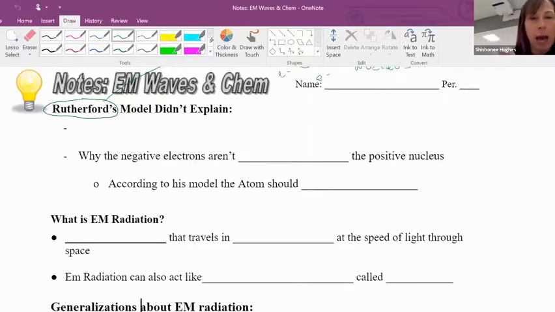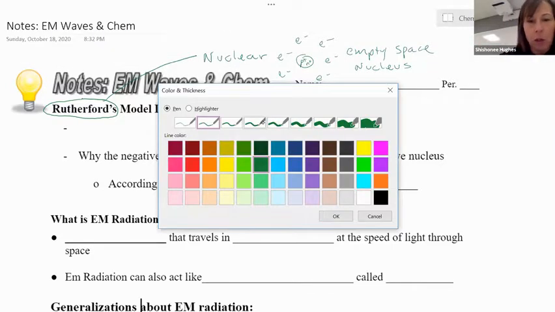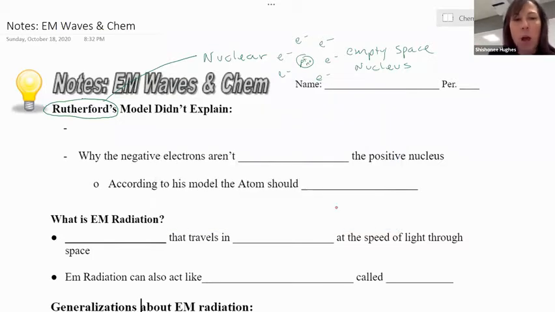But there was a lot of stuff that Rutherford's model did not explain, and it happened to be with the electrons. So that's what this unit's about. It's about what's going on with the electrons in the atom, and then we'll also focus on the nucleus. So we're going to focus on the outside of the atom and then also the inside of the atom.